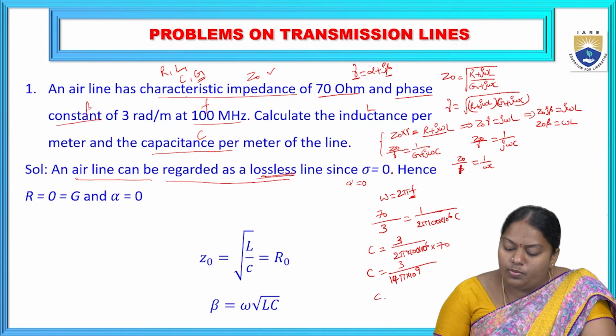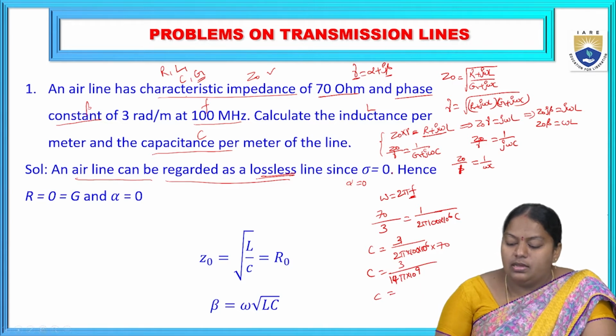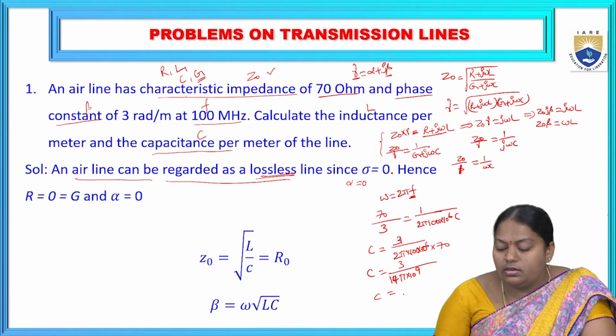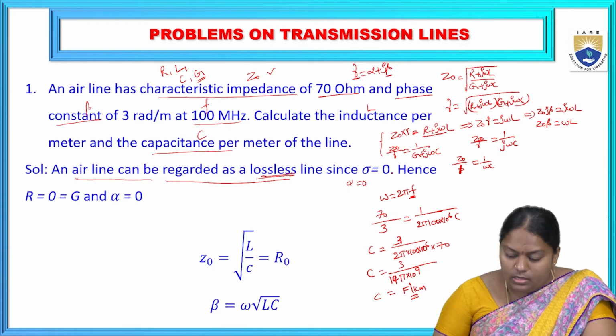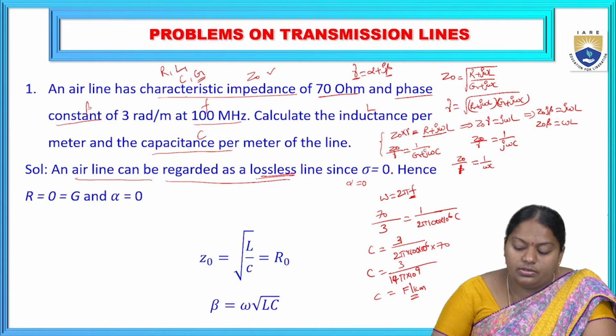So from this we will be evaluating the value of C, and C can be measured in terms of farad per kilometer. Why? Because throughout the length of the transmission line, that capacitance needs to be varied. That's why C is to be measured in terms of farad per meter or per kilometer, right?